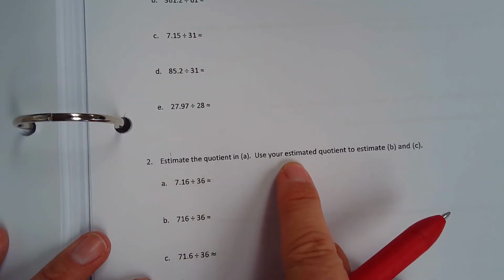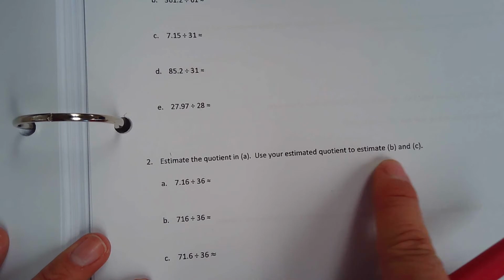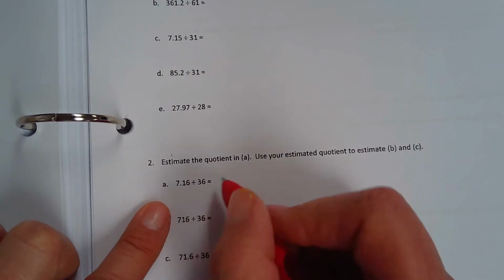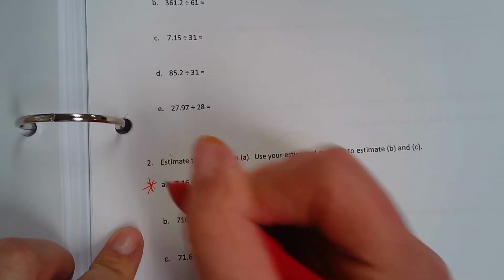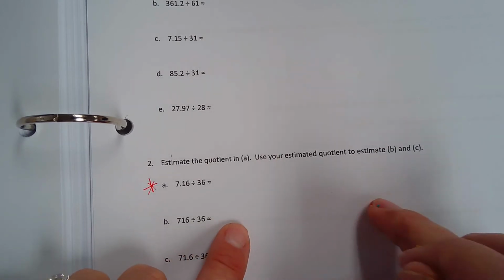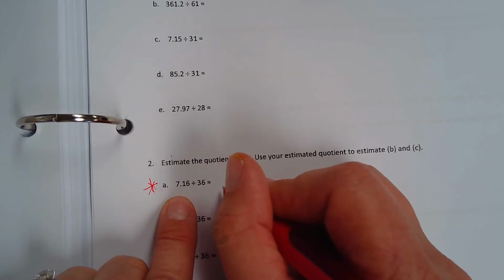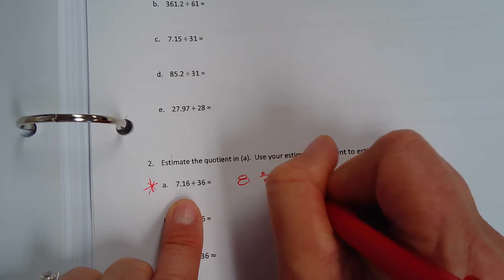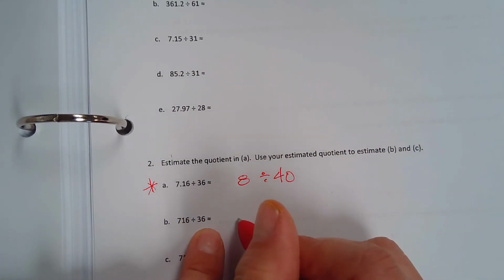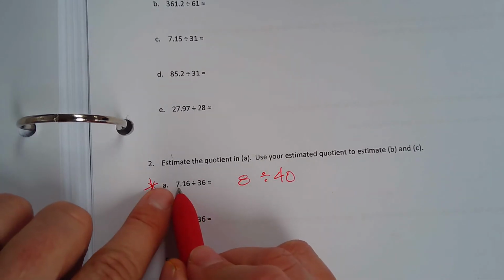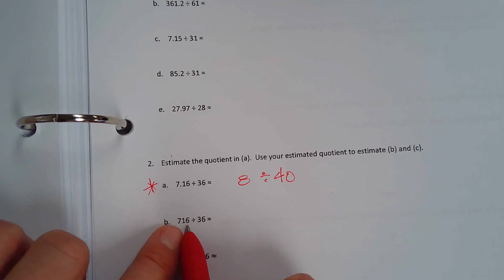Then estimate the quotient. Use your estimated quotient to estimate B and C. Oh, okay. So based on solving for A, how would you change it for B and C? How could you change your numbers up? So if you solve this one, like A, let's say A divided by 40, what could you do down here? How could you change this up to solve, instead of just a solid 8, this is 7.16.